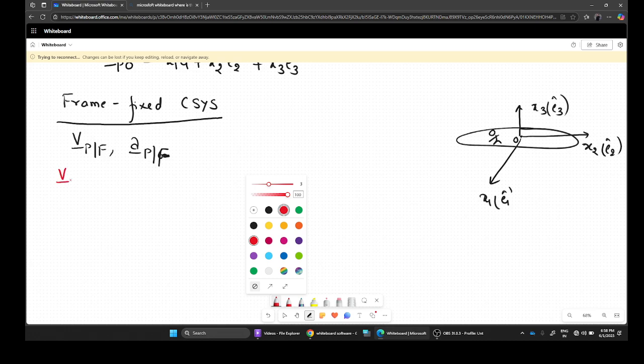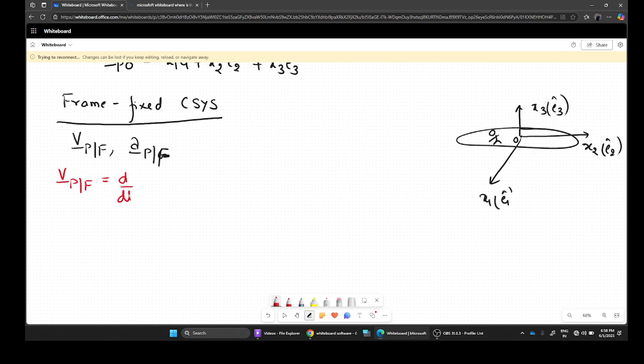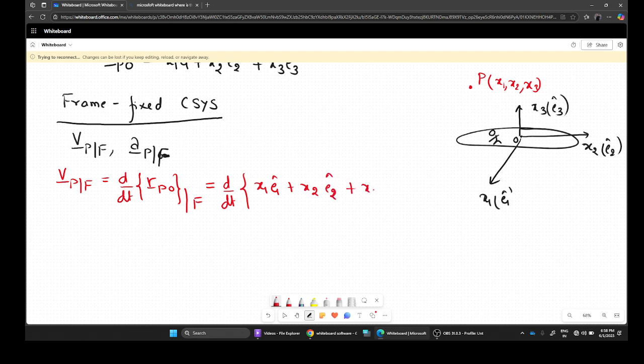how do I get VPF? Now VPF I know is d/dt of RPOF, where P is this point which is currently having its coordinates as x1, x2, x3. Right?